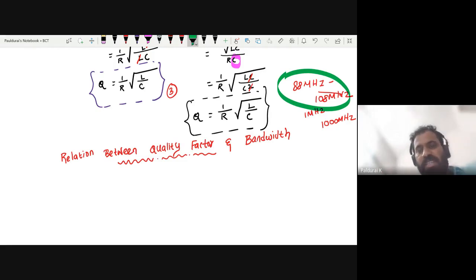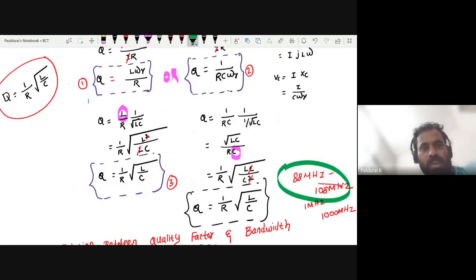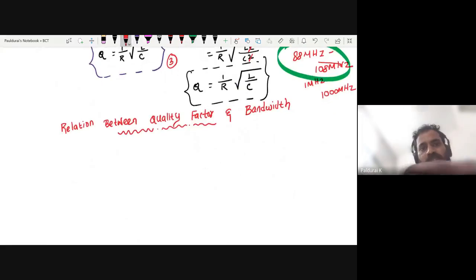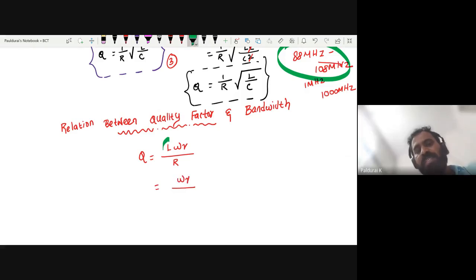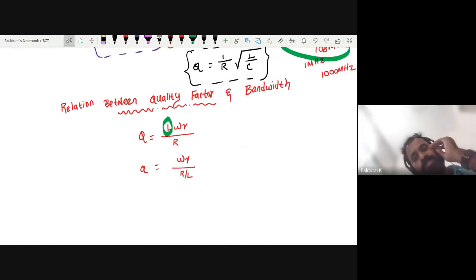It's very simple. Take the first formula for quality factor, Q equal to L omega R by R. I want to take this Q, it is L omega R by R. Can I bring this L to the denominator? It becomes R by L Q. Now what is omega R?